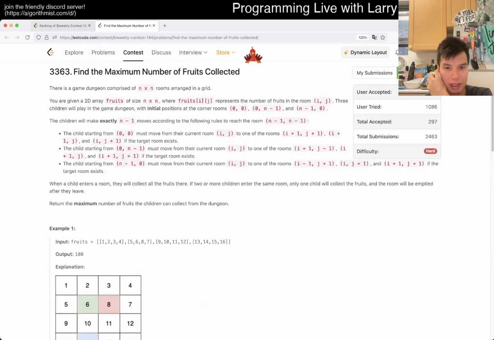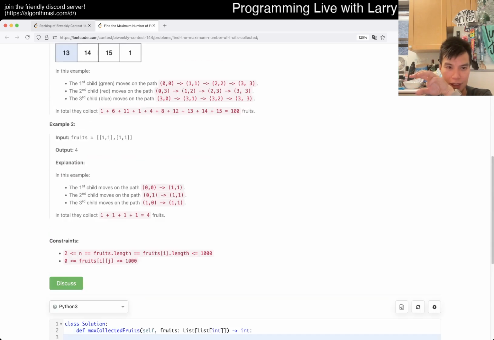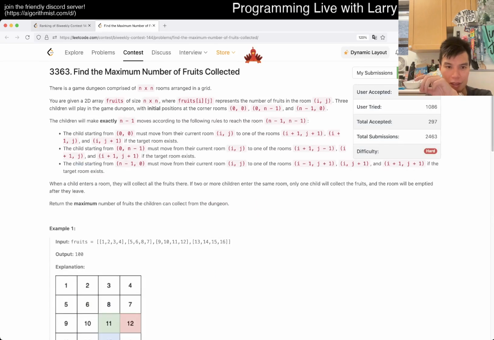What does target room exist mean? In that order, or what is it? Oh, I mean, it's not out of bounds, so it has to go down, and then just left, down, right? It has to be finished at the end.